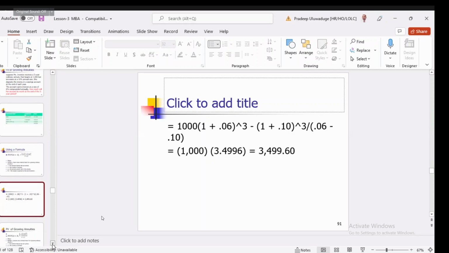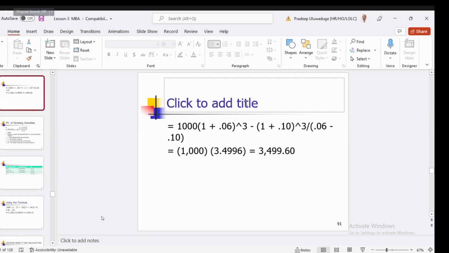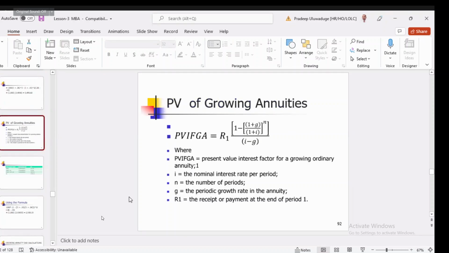You get 3,499, right? So this is the same as the calculation from the table. Okay.